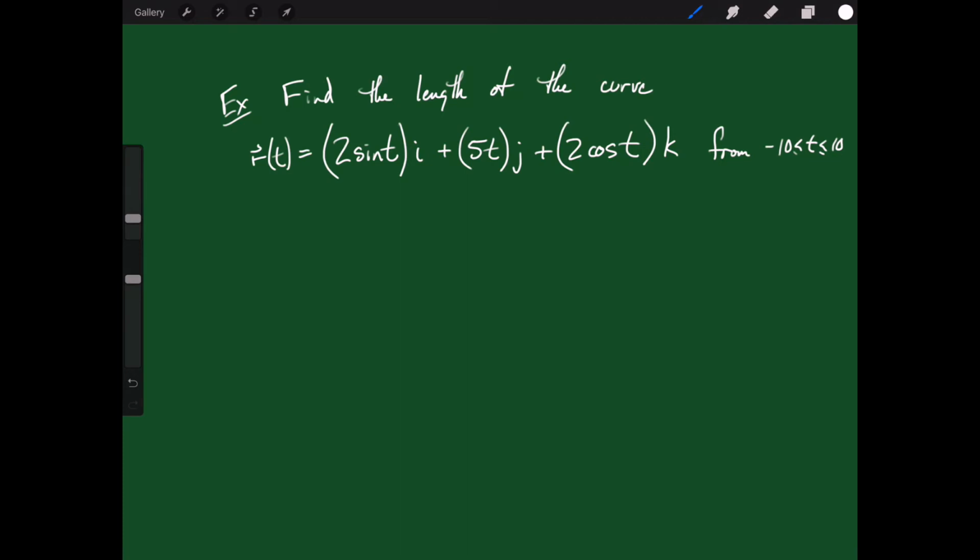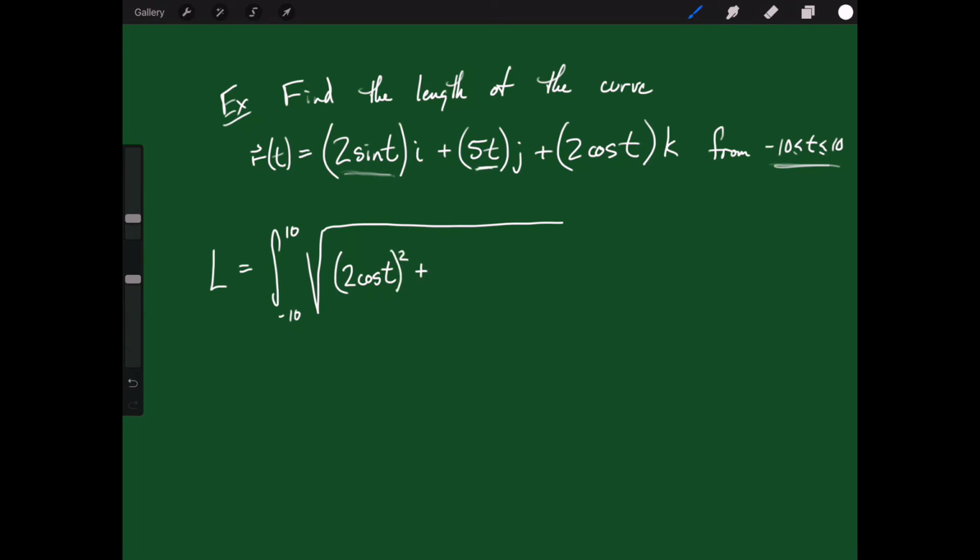So if we want to set this up, the length will be the integral, and t is ranging from -10 to 10, so I put in from -10 to 10 of the square root of the derivative of each of the components squared. So the derivative, first of all, of my x component, which is 2 sine of t, the derivative of 2 sine t is 2 cosine of t, so I get 2 cosine of t quantity squared plus let's take the derivative of the second component.